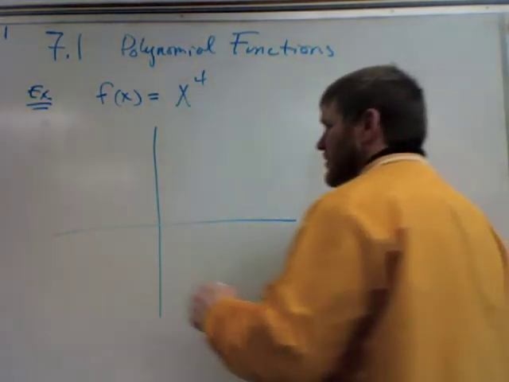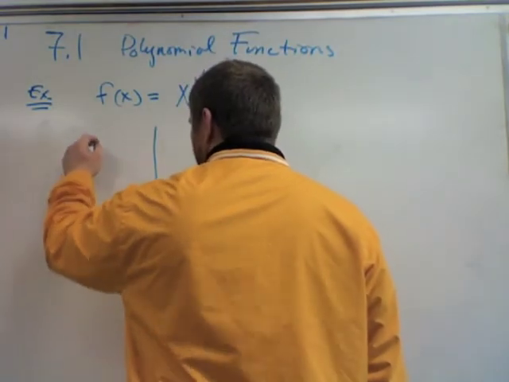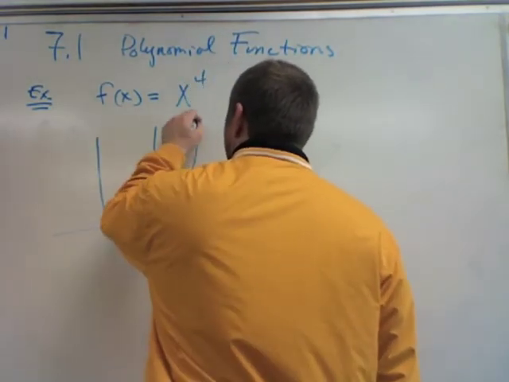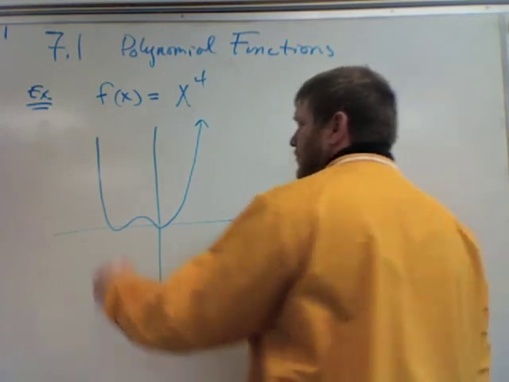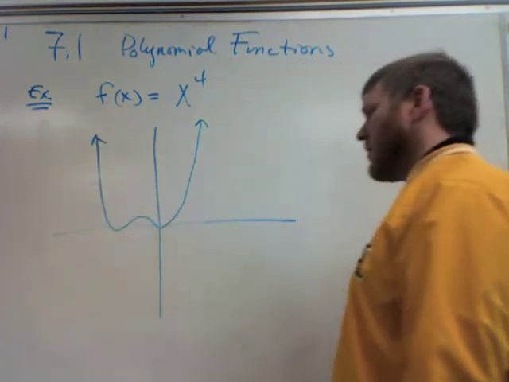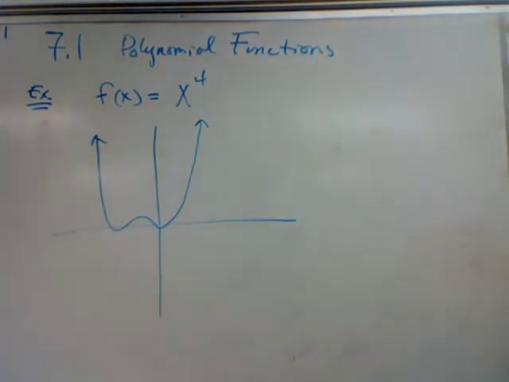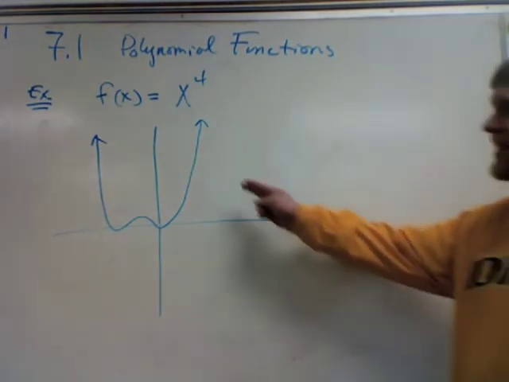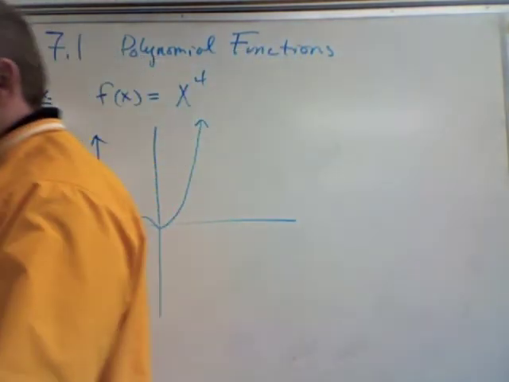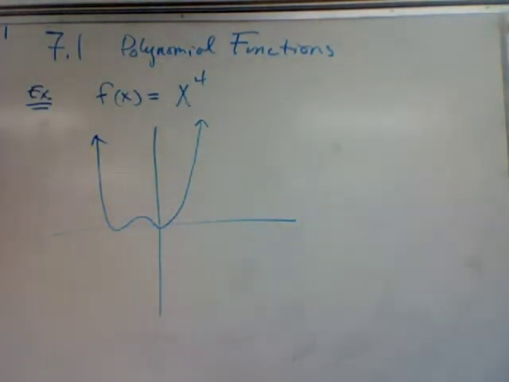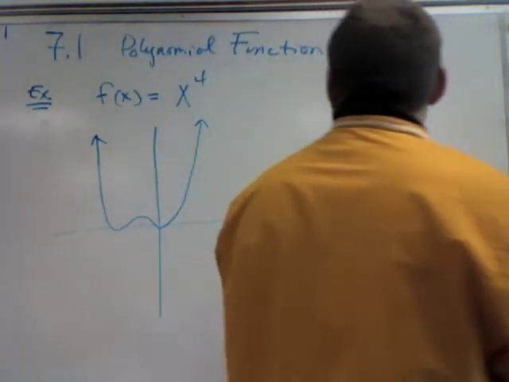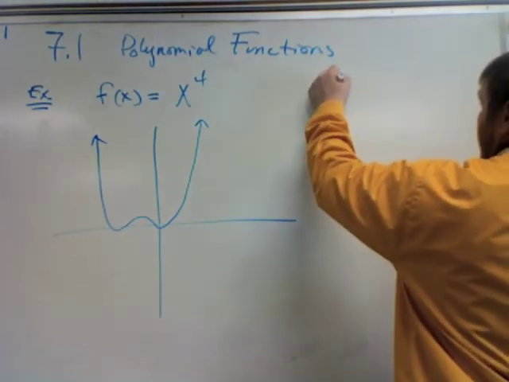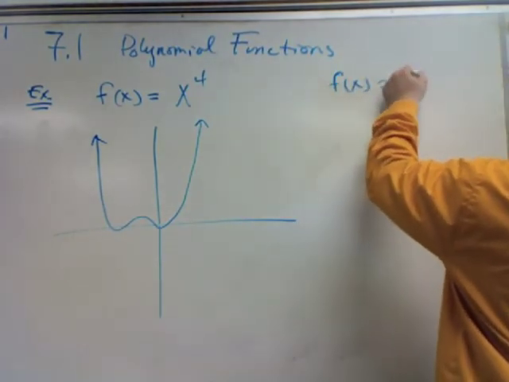I don't remember how I messed that up, but this is not the exact graph of f of x equals x to the fourth, but it's the right idea. What do you notice about this graph that's similar to f of x equals x squared?